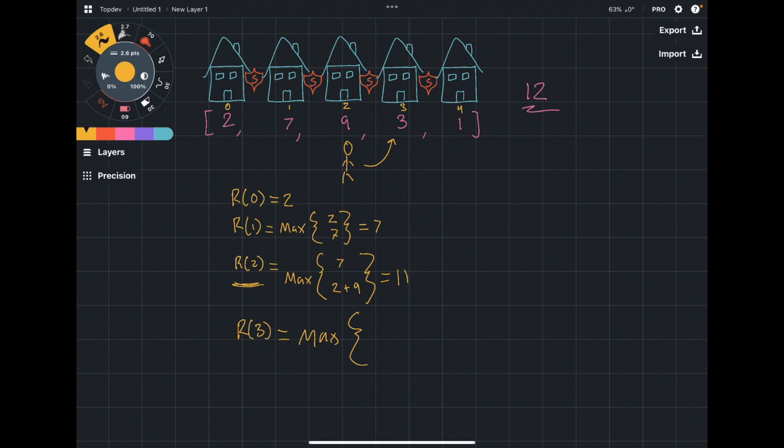So I can either rob house number 2 and it would be the profits of 2 and 0, or I could rob house number 1 and 3, and that would give me 7 plus 3 of profit, which would still yield me the 11 that I had before.